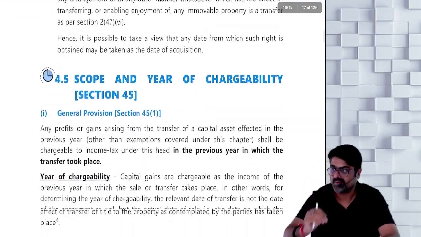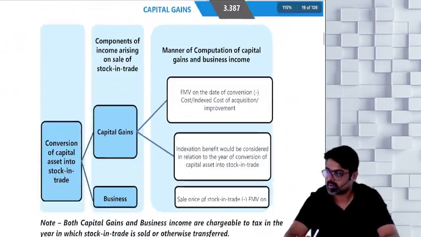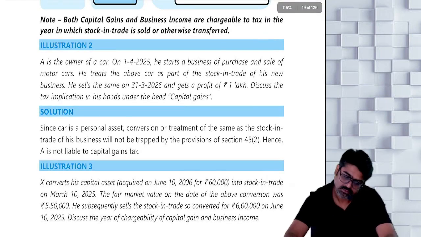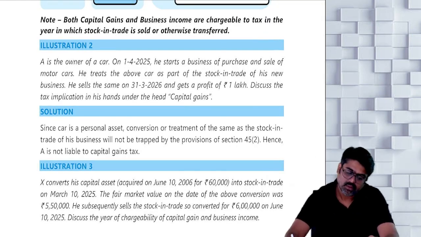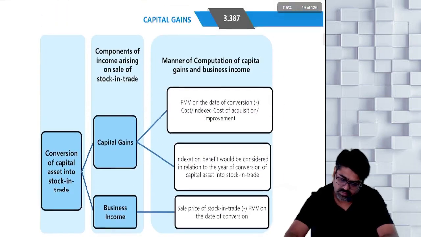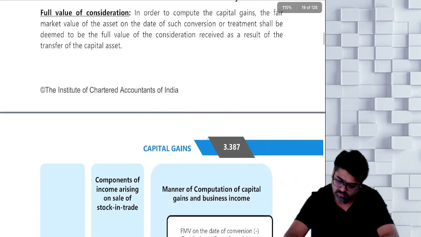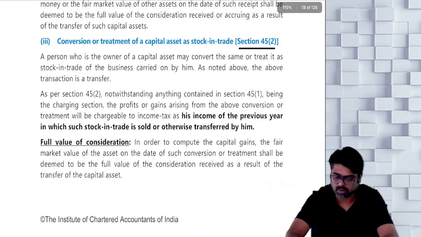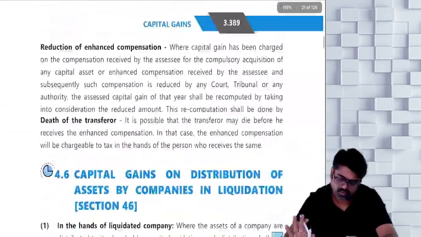Come to illustration number 2. A is the owner of a. On 1st of April 2025 he starts a business of. There is one section 45(2). Right now no need to do that question.